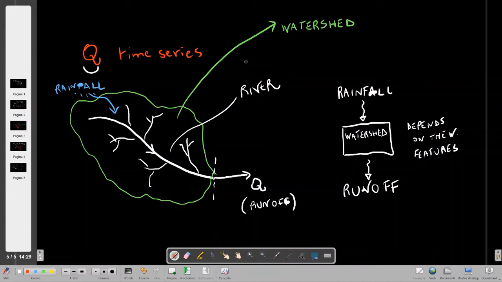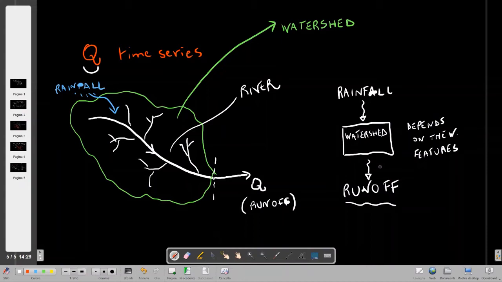So the features of the watershed are changing. Then the transformation from the rainfall to the runoff is changing too. So if I perform the analysis directly on the runoff, actually I'm analyzing the results of a phenomenon that is not the same.